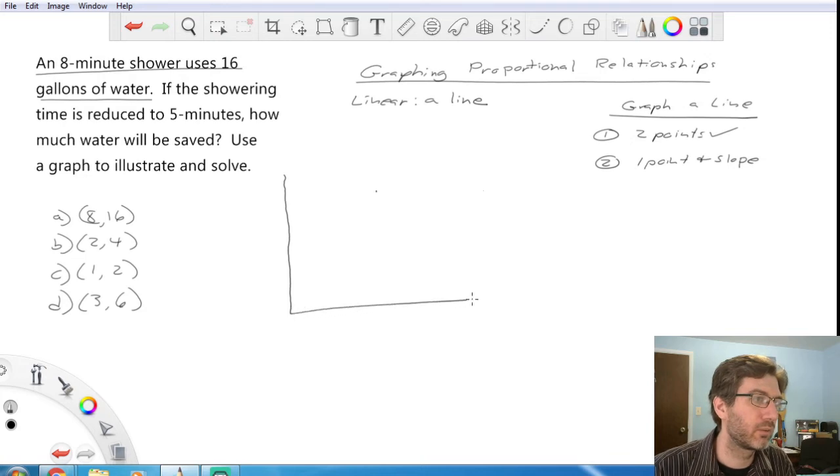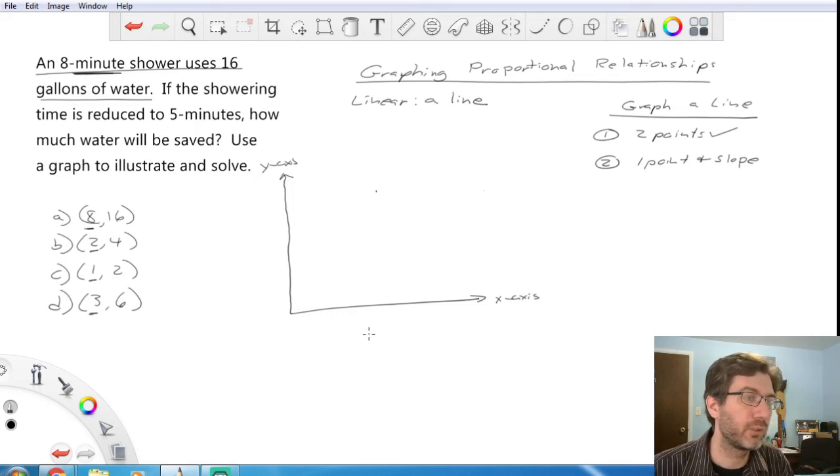And so we have an x-axis. We have a y-axis. You're going to have a scale down here and a scale up here. These are your x values. X values correspond to the minutes. So over here we have minutes.